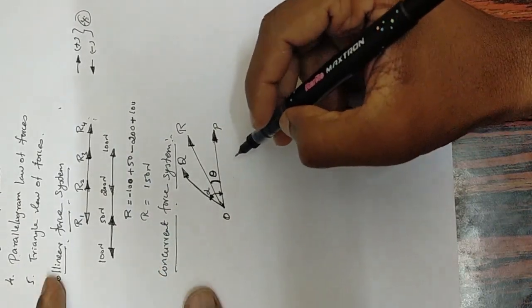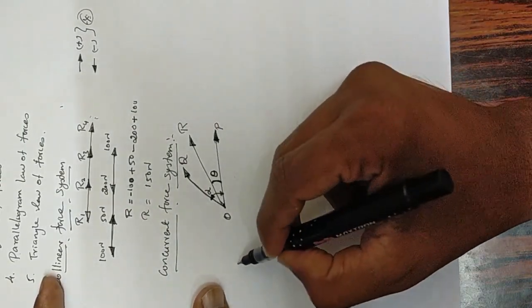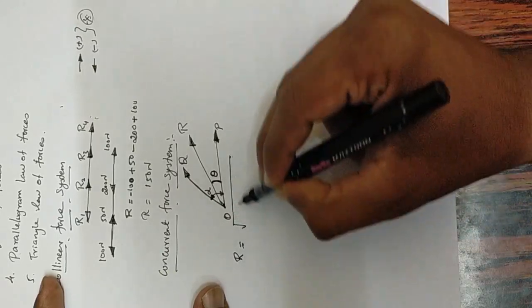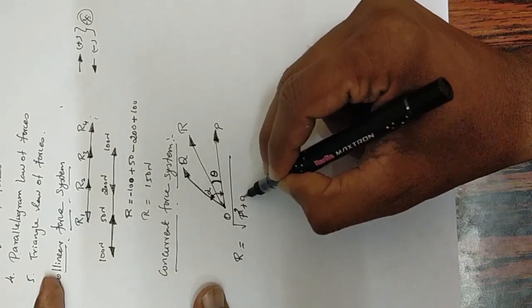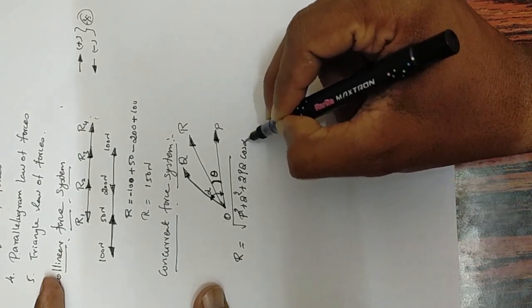How will you find the resultant force of these two forces? The simple formula: the resultant force R equals root of P square plus Q square plus 2PQ cos alpha.